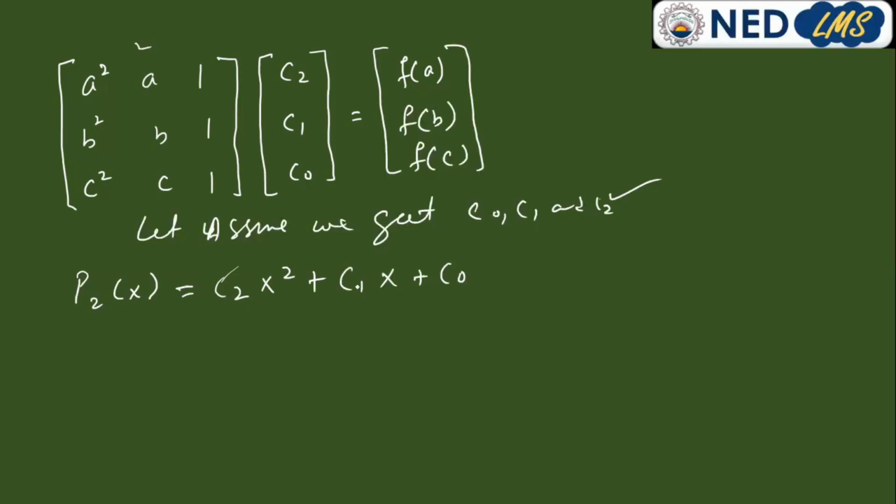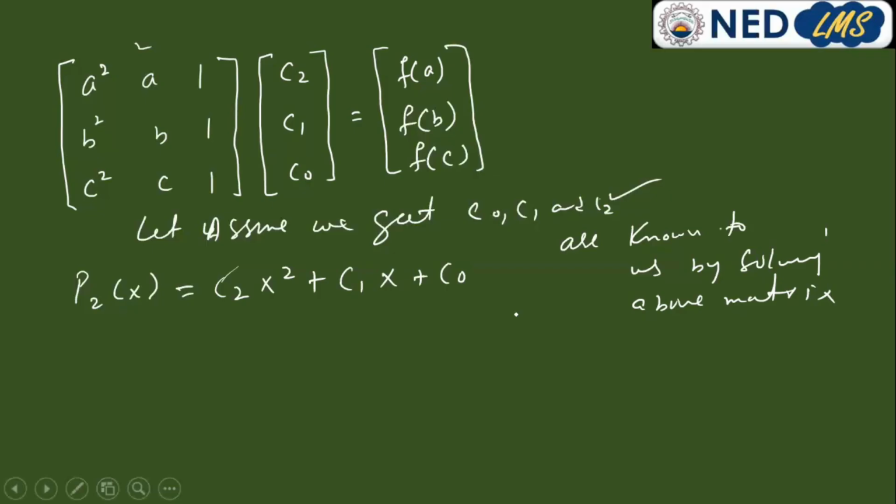Now C2, C1, C0 are all known to us by solving the above matrix. I'm not including the solution, but if you want, you can see how I got this idea.